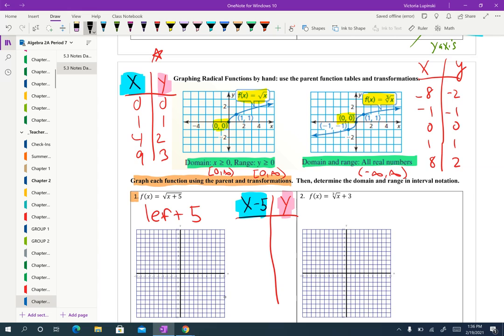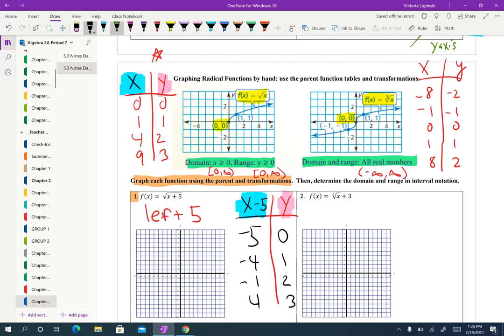So 0 minus 5 gives you negative 5. 1 minus 5 gives you negative 4. 4 minus 5 gives you negative 1, and 9 minus 5 gives you 4. So again, because you're going left 5, by subtracting 5 from every x, you're literally moving every point left 5. There's no changes to the y. So the y values from above, those are going to stay exactly the same in the exact same order.